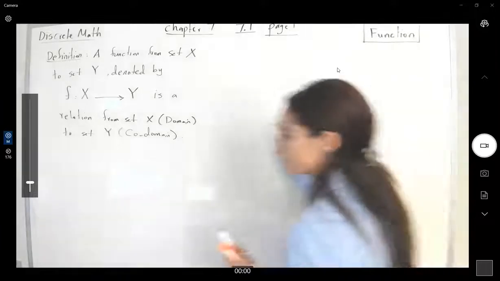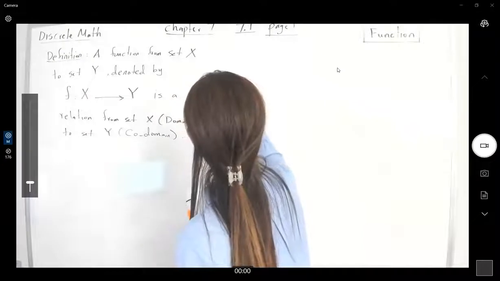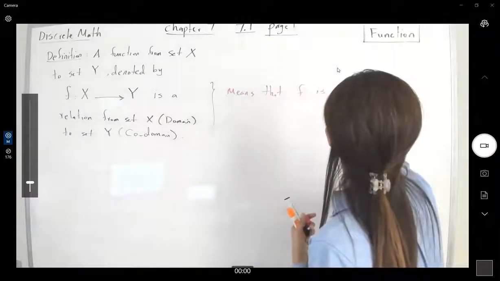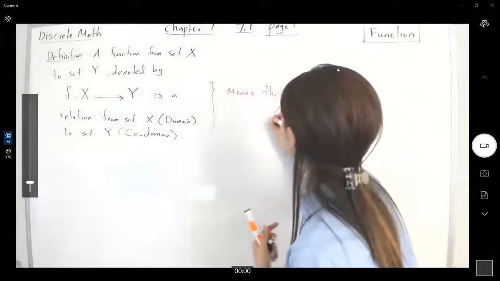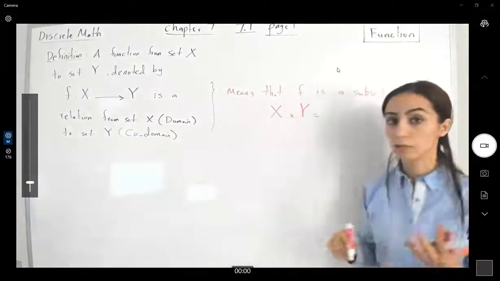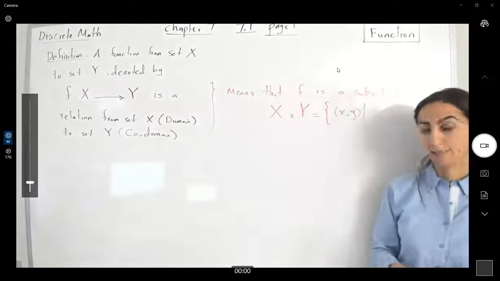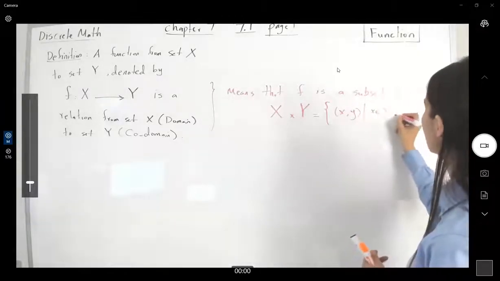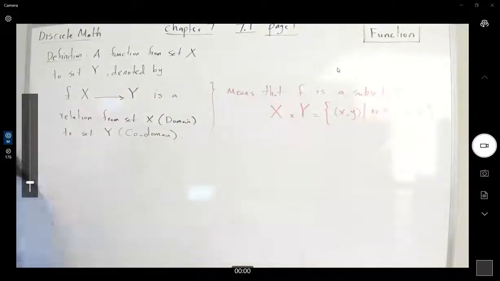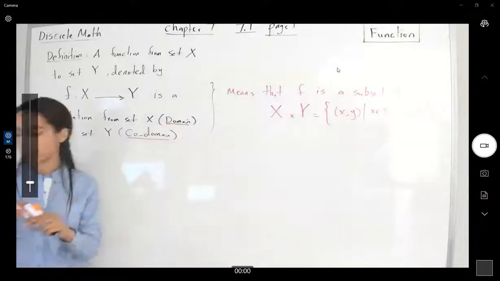It means that F is a subset of the Cartesian product between X and Y. Remember that the Cartesian product between X and Y is the collection of all ordered pairs (x, y) such that x belongs to the first set and y belongs to the second set. Okay, so we have a domain, the first set, and the codomain, the second set.